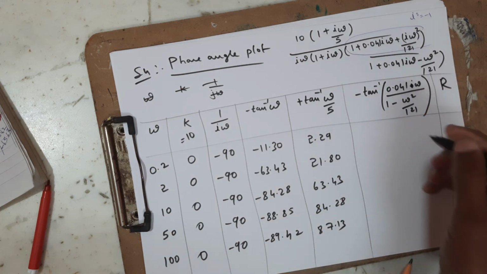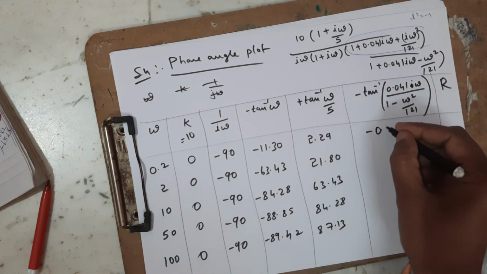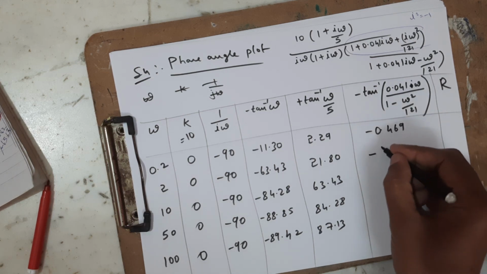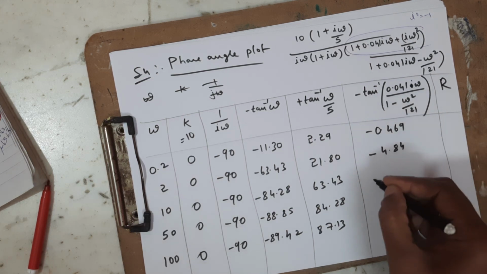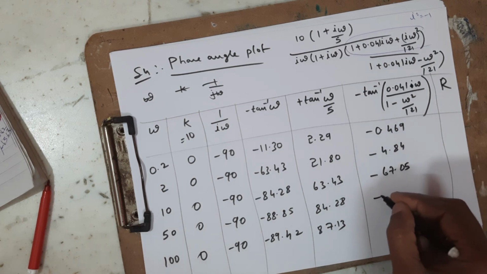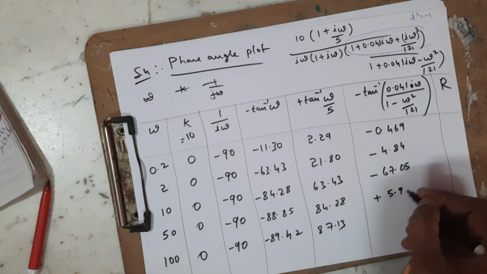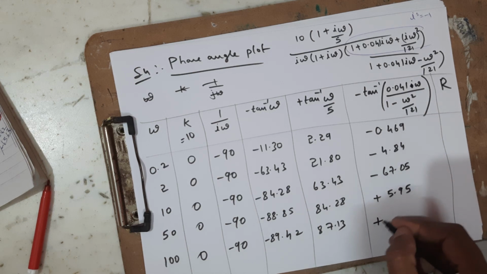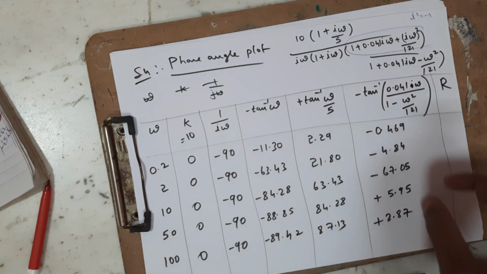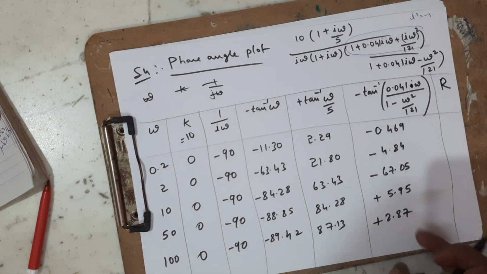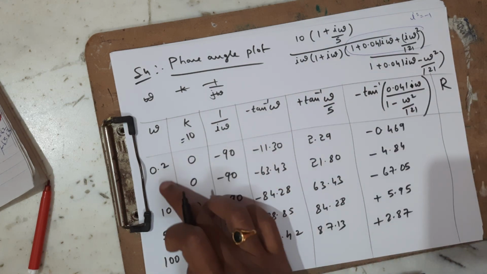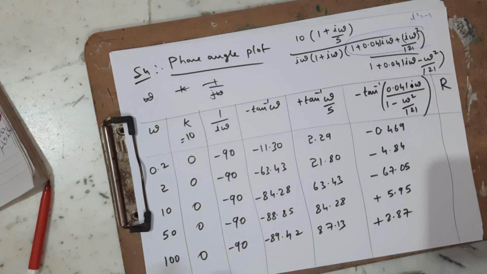Next, this is the value, so this will be 0.469, this is minus 4.84, this is minus 67.05, this is plus 5.95, this is plus 2.87, right? So these are the values of this term when omega is varied from 0.2 to 100.